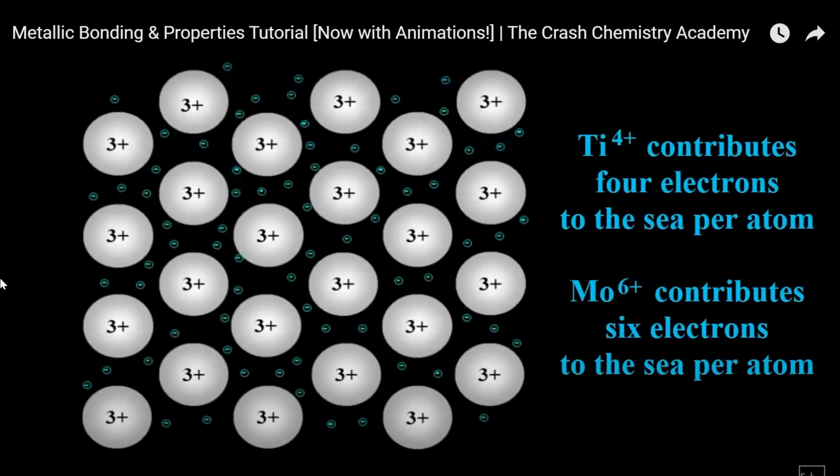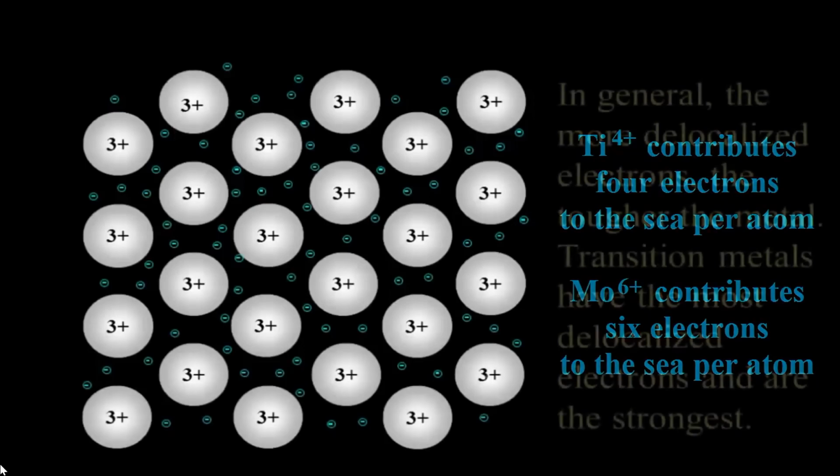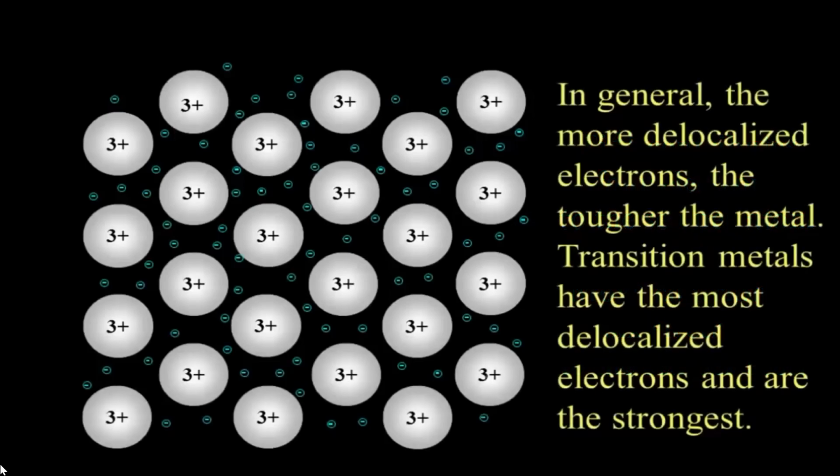So if you have a 6+ ion attracted to 6 electrons, that's going to be a bigger charge than in aluminum, where we have a 3+ charge attracted to 3 electrons. So molybdenum will be a very strong metal, and it will require a lot of temperature to melt it because you have to break stronger and stronger bonds to the sea. They are very tough metals, very strong, with very high melting points.